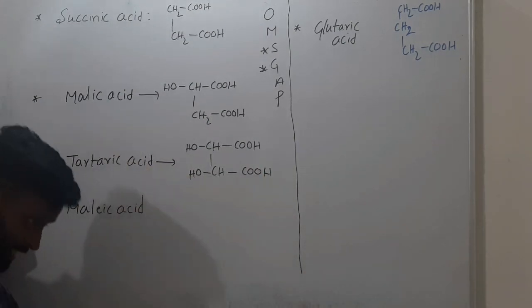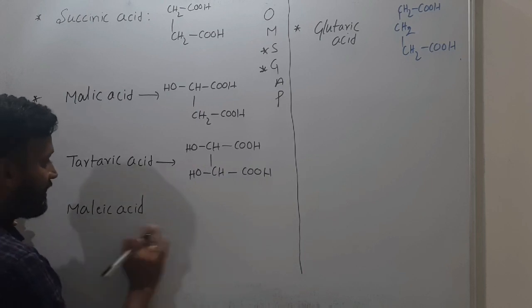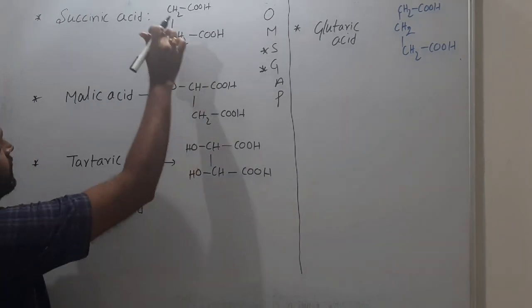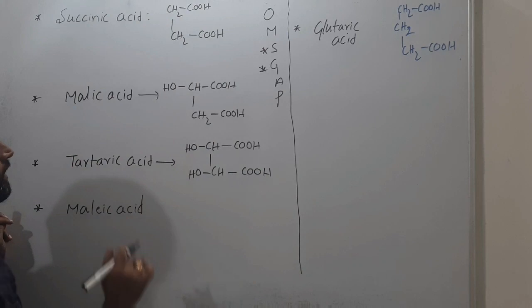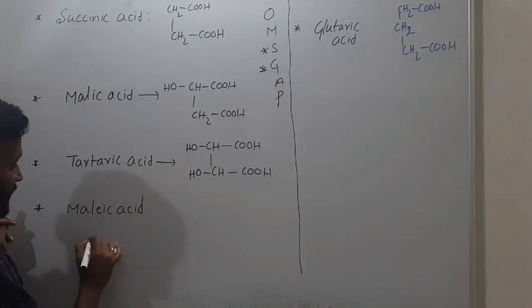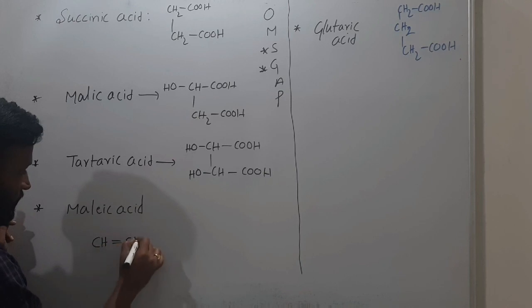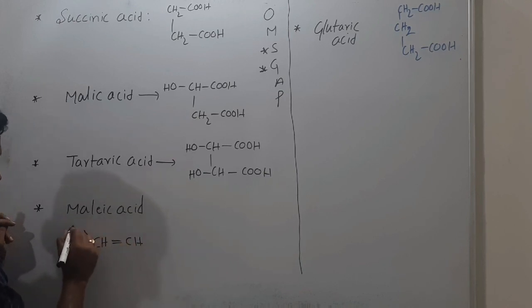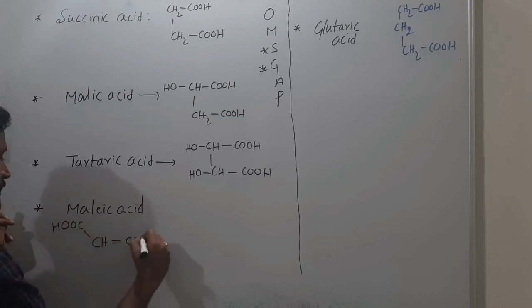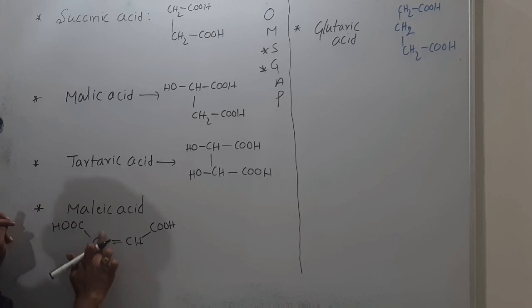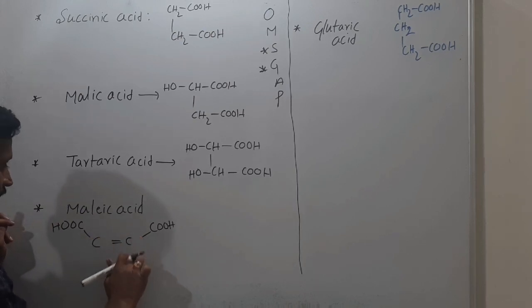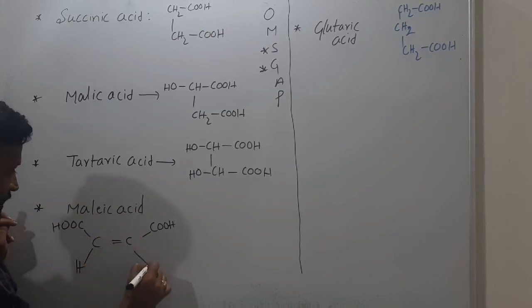Next, maleic, down. Maleic acid means here you have succinic acid, remove two hydrogens, and that will be in a cis form: CH double bond CH, and here you have COOH and COOH, and you have H and H here. See, hydrogen you have, and here you have hydrogen.